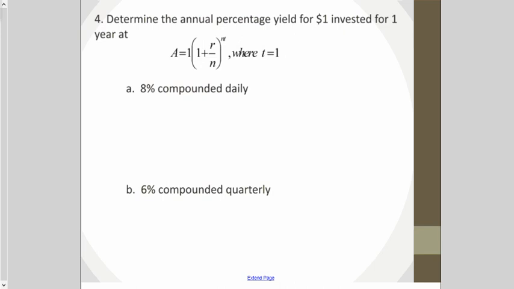In other words, we're going to be finding the percent rate, the APY. So we're going to invest $1 at 8% compounded daily. So this is just 1 times 1 plus R over N, that's 0.08, daily. That means we're going to be using 360 raised to the 360 times 1 power.